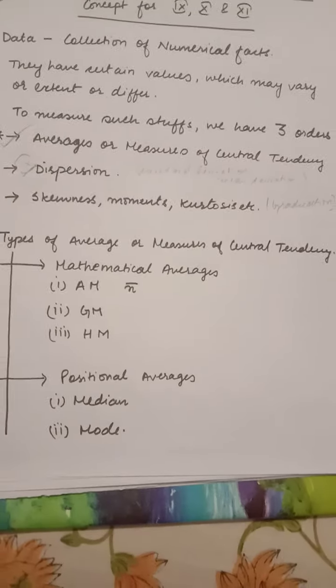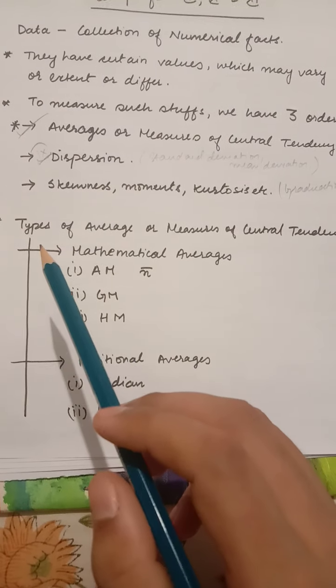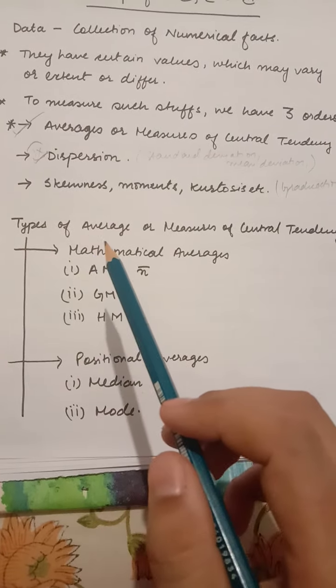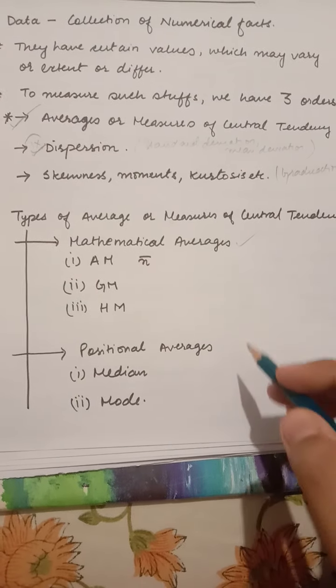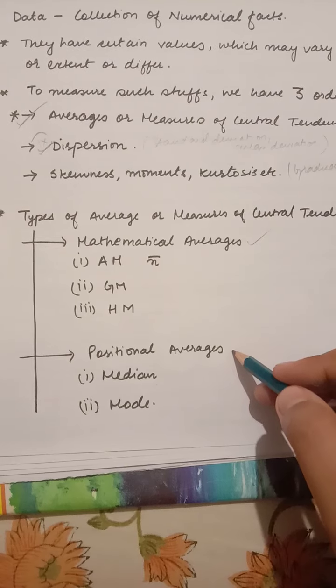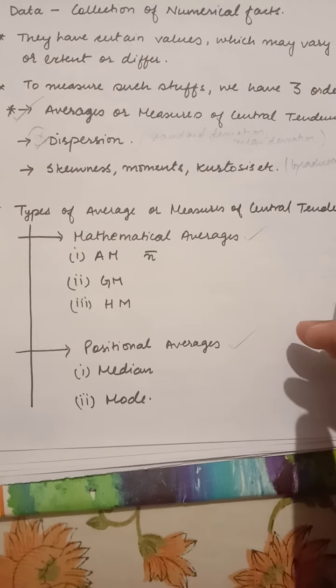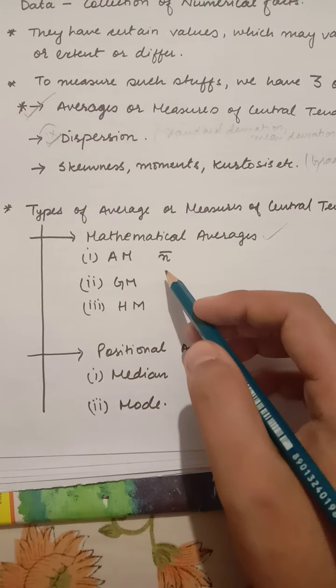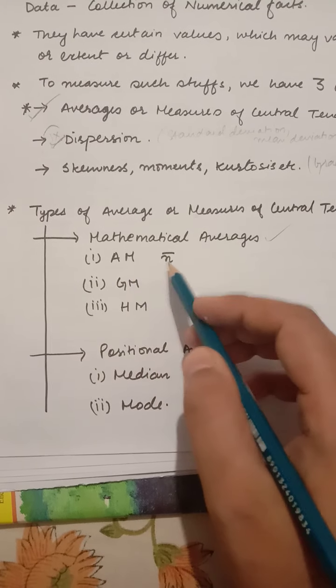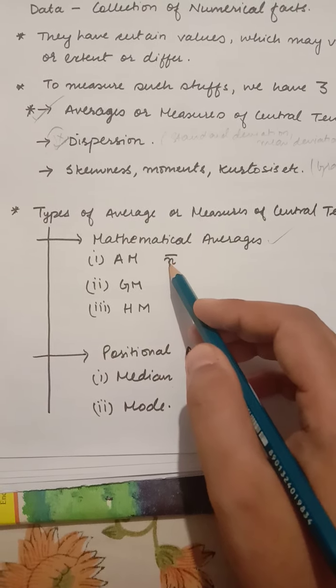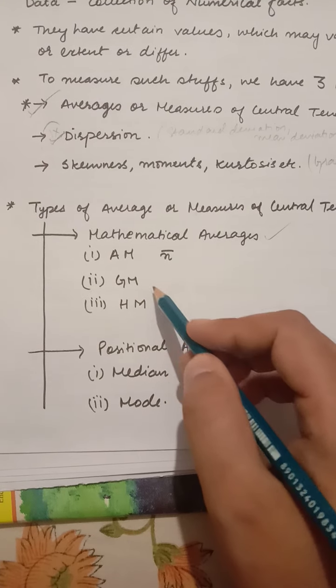The measures of central tendency, or the averages, have two types. The first one is the mathematical averages and the second one is the positional averages. In mathematical averages, we study the arithmetic mean, that is AM, denoted by X bar, the geometric mean and the harmonic mean.